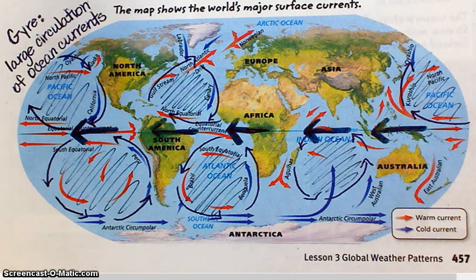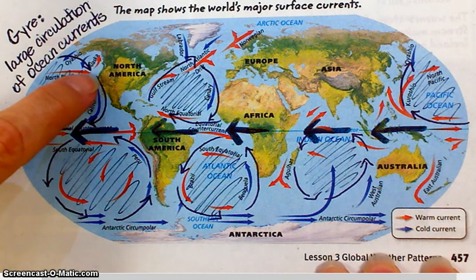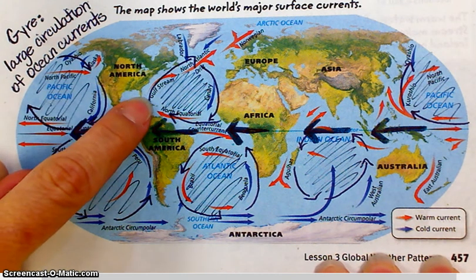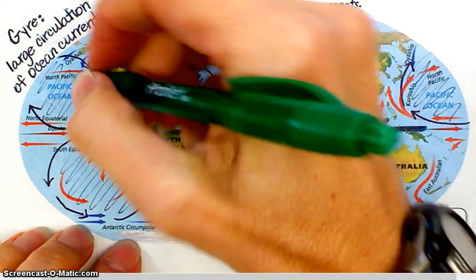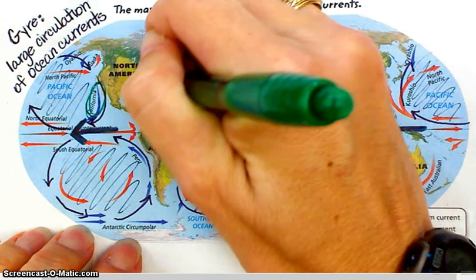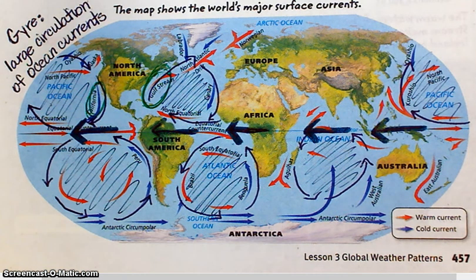Now, some of the specific surface currents, like I've said before, are very, very important. For instance, the California current on the west coast of North America, the Gulf Stream on the east coast of North America. They're very important, and they have a big effect on what the weather does in those areas, okay? And I think I touched on this when I talked about the Gulf Stream and the California current.